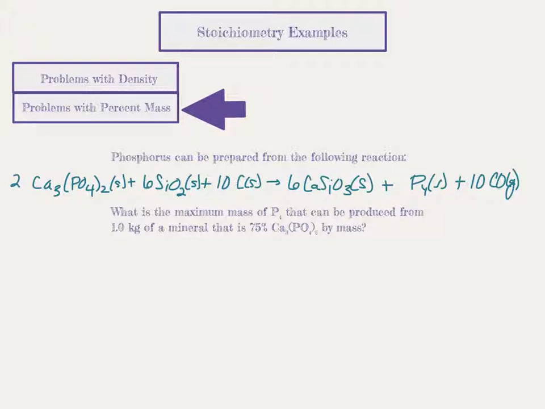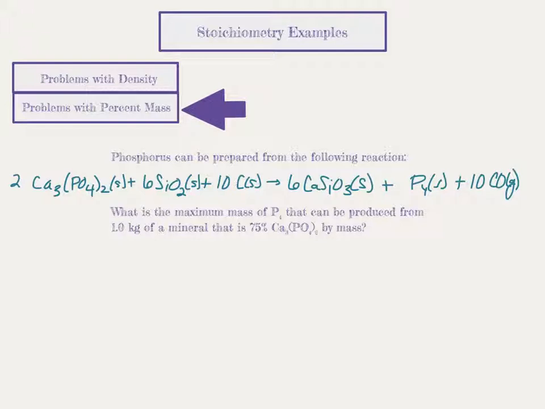Let's start with the first type of example. Let's go ahead and read this question. What is the maximum mass of phosphorus that can be produced from 1 kilogram of a mineral that is 75% calcium phosphate by mass?